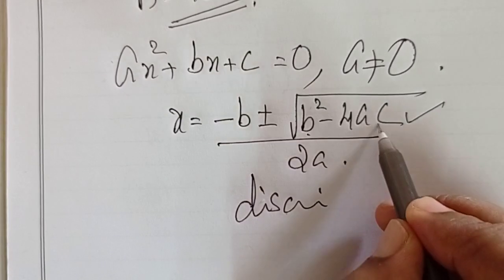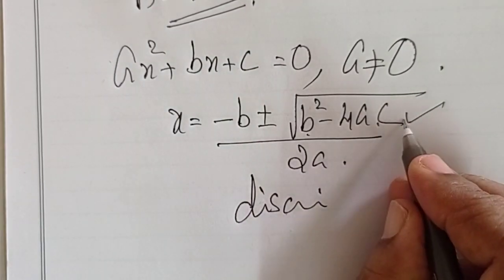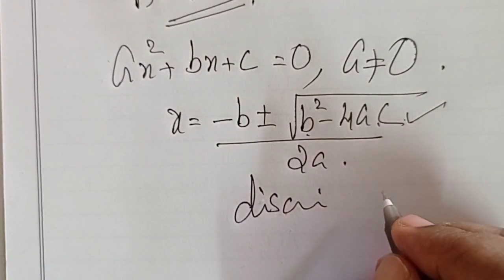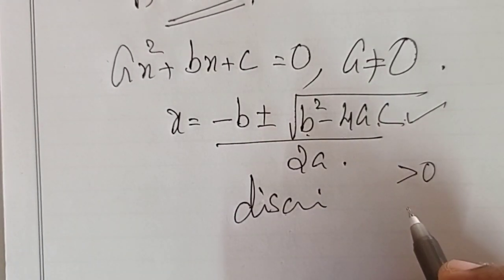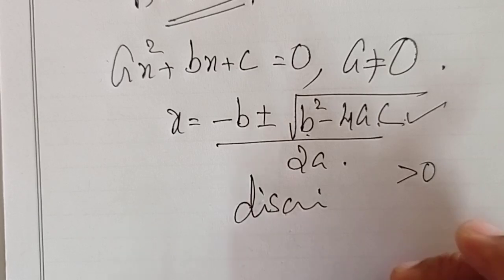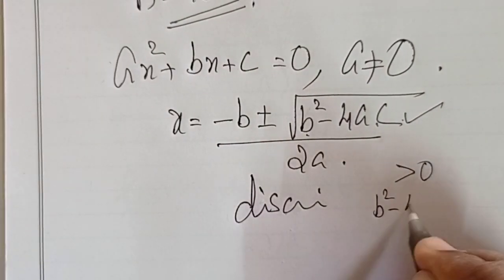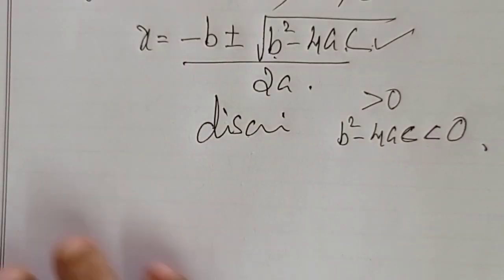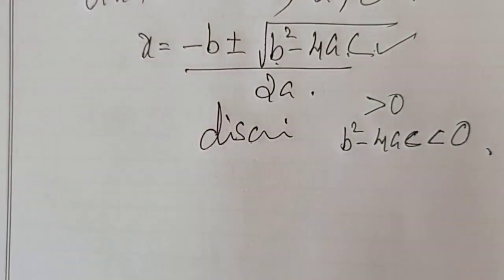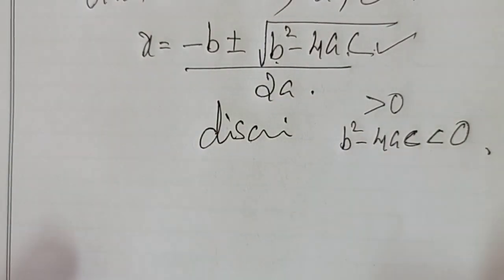If b square minus 4ac equals 0, the roots are real and equal. If it is greater than 0, the roots are real and unequal or distinct. If b square minus 4ac is less than 0, the roots are imaginary. Understand? That's about the nature of roots.